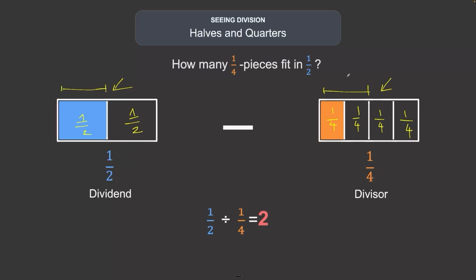So we can fit 2 1/4 units in every 1/2 unit. So when you divide 1/2 by 1/4, you end up with 2. This is telling you that you're able to fit 2 1/4 units in a 1/2 unit.